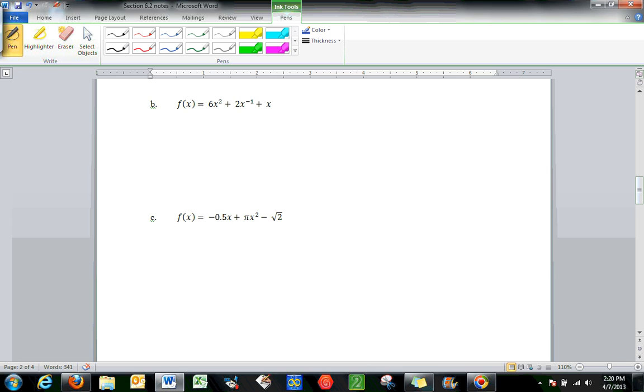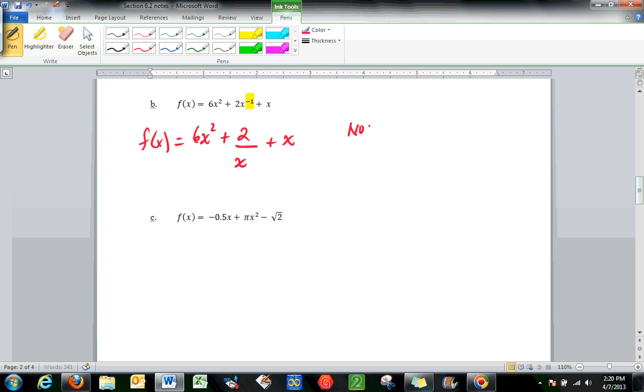If we look at this, we said that all of our exponents needed to be whole numbers. And we can see here that this particular exponent is not a whole number. -1 is an integer. Now, if you recall, whenever you rewrite this, it would look something like this. And whenever you have a fraction like that in a function, that's called a rational function, and it's no longer a polynomial function.